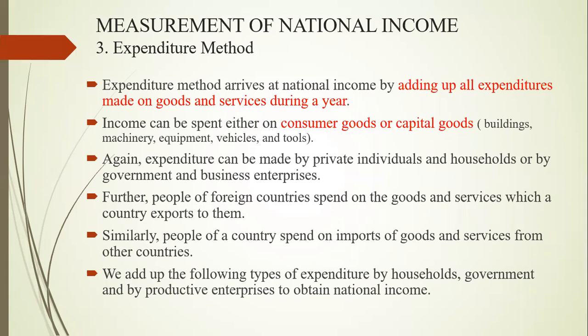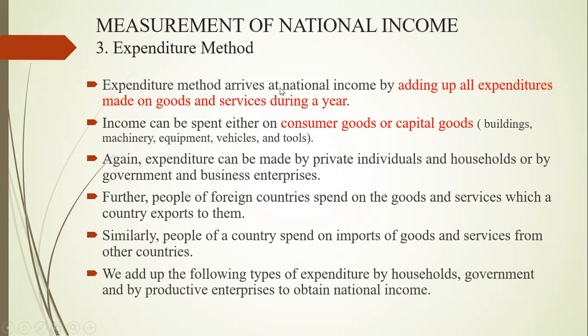And sometimes foreigners consume our products. So import and export play an important role here. So we will add up all the expenditure made by households, government, enterprises, and exports and imports. Let's go through the theory very quickly.